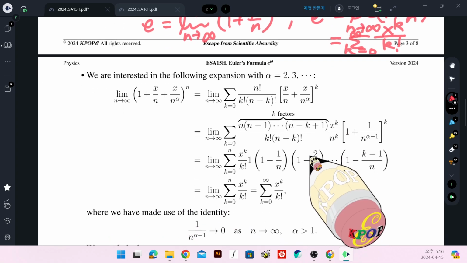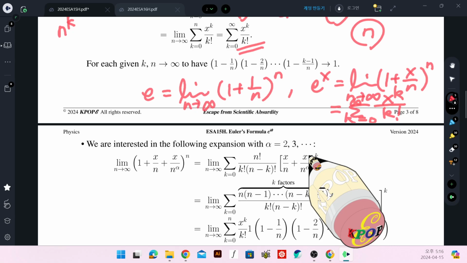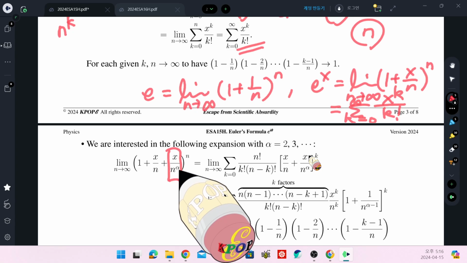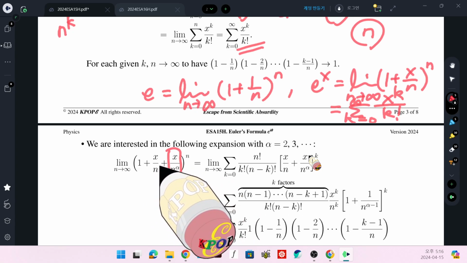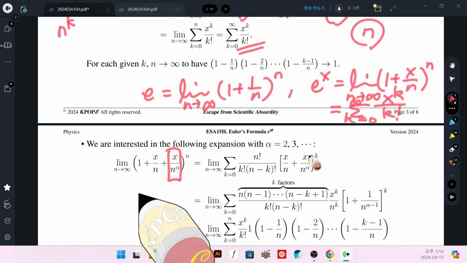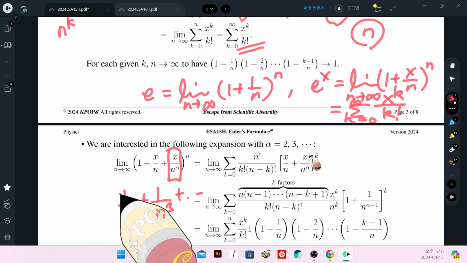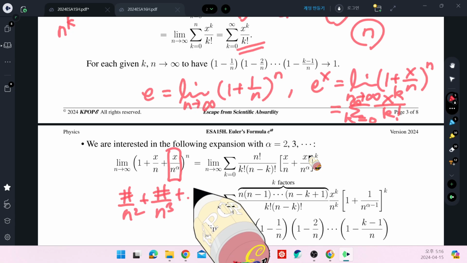We are interested in extending to the additional contribution that has a larger power than 1 over n. That means 1 over n squared, 1 over n cubed. Any kind of powers with some finite number is included.